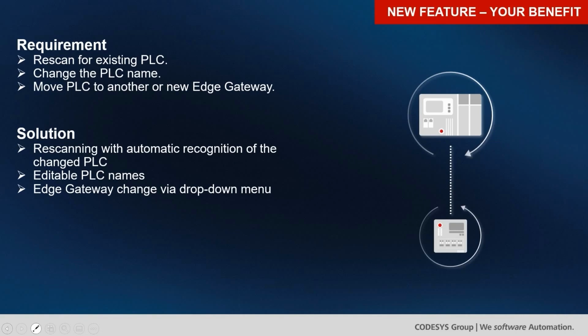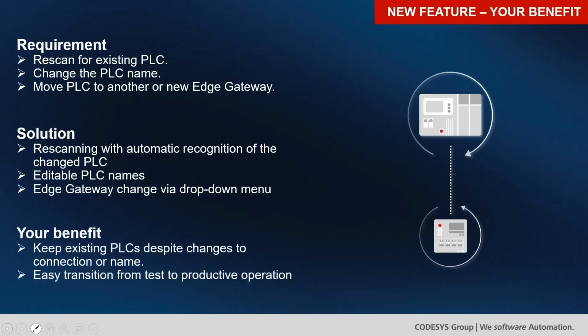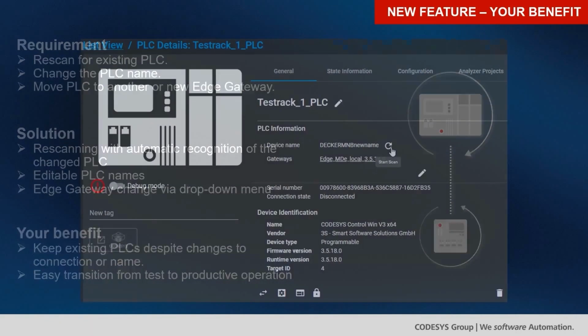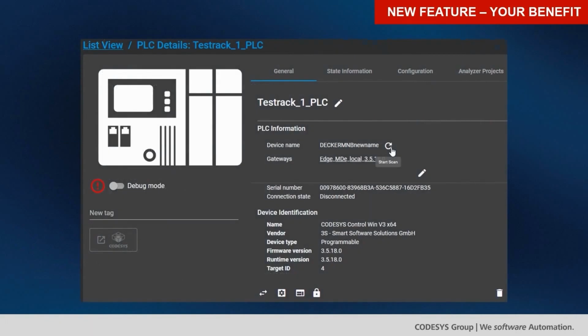It's now also possible to edit PLC names, and it's pretty simple to change edge gateways via a drop-down menu in the web app. So that means you can keep existing PLCs, although their names or their connection status changed, and it's easy to go from a test environment to a productive operation with your PLC and a new edge gateway.